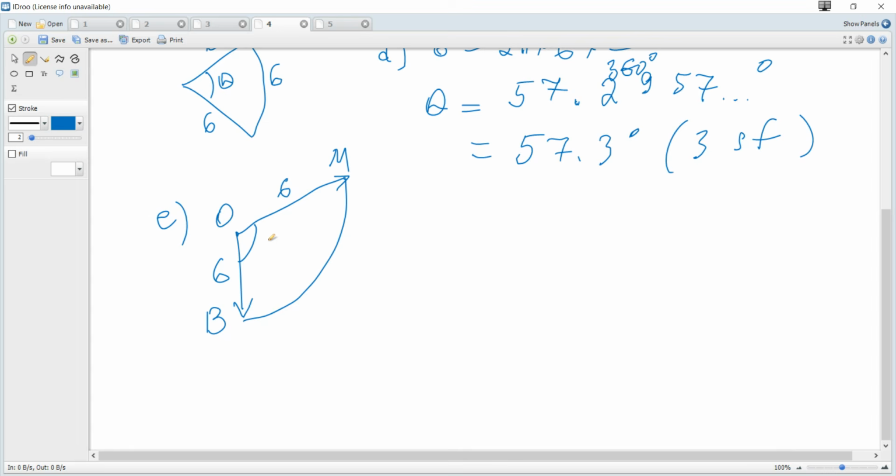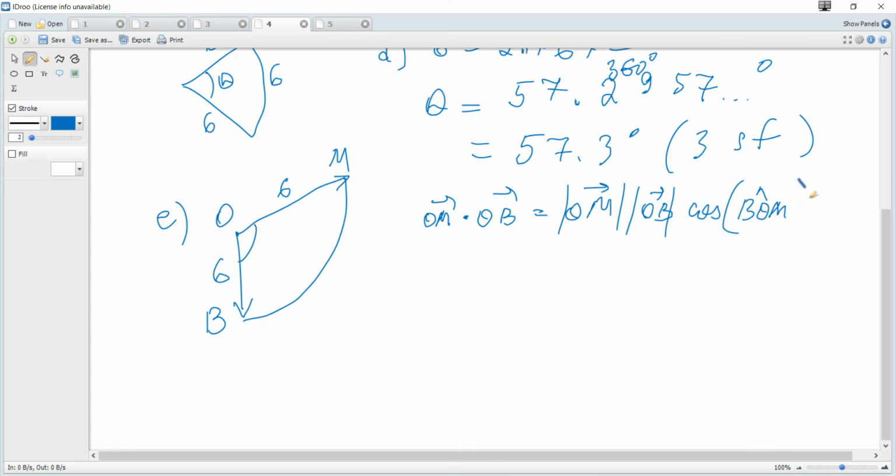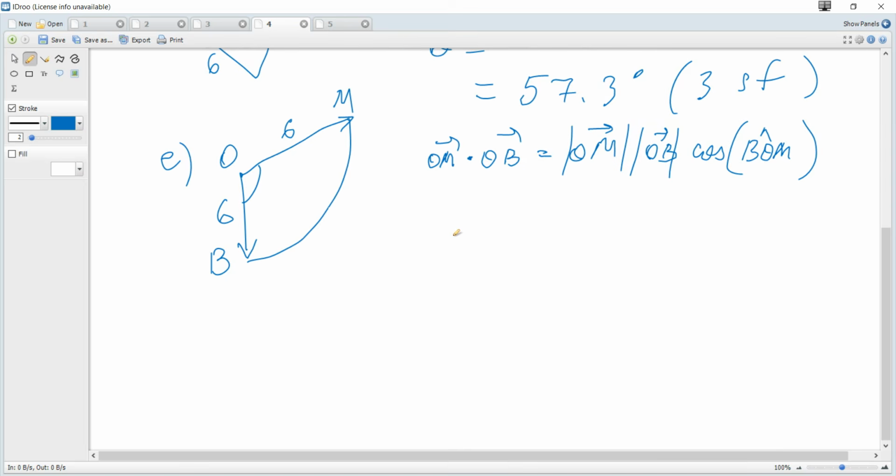This angle can be found as the angle between two vectors, applying again the dot product. OM dot OB is equal to the magnitude of OM times the magnitude of OB times the cosine of the angle between them, angle BOM. You may write directly that cosine is equal to, but I want to find the magnitudes first.